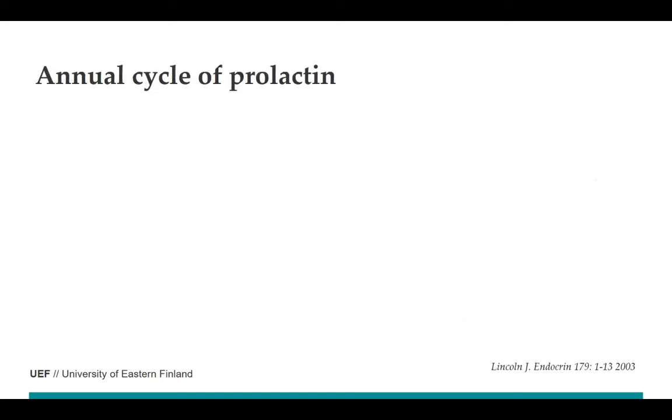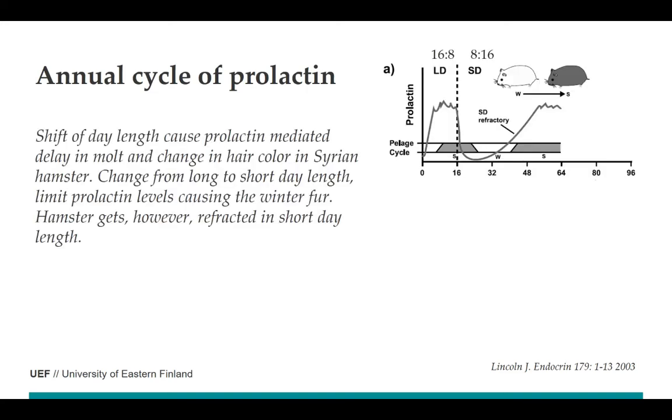And there's an annual cycle of prolactin in these seasonal breeders. So when changing a Syrian hamster from long daylight to short daylight, there's a dramatic drop in the prolactin concentration.